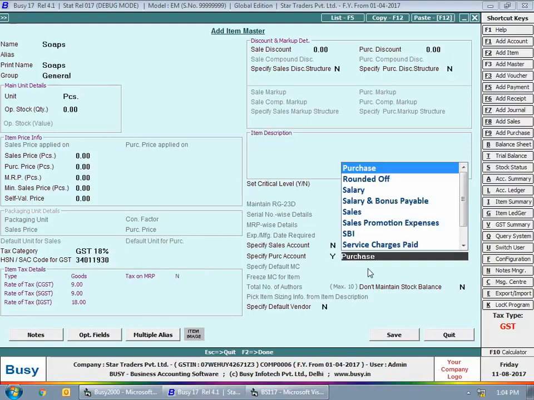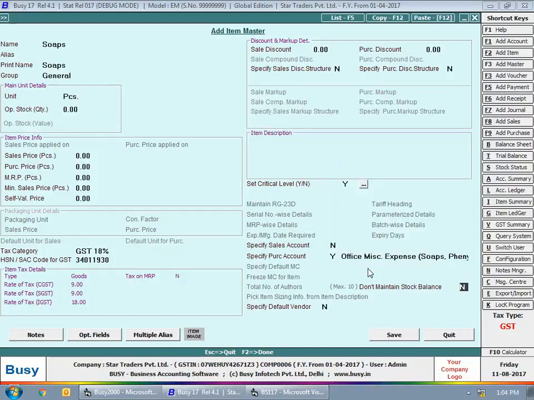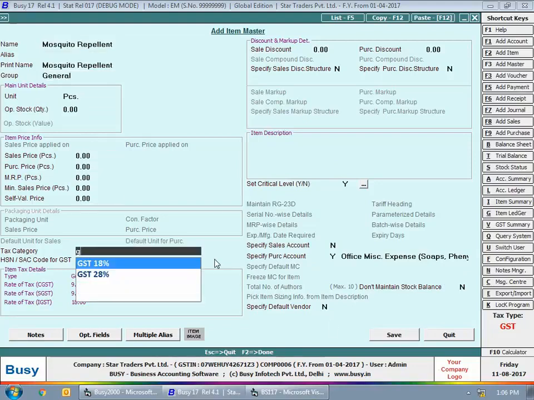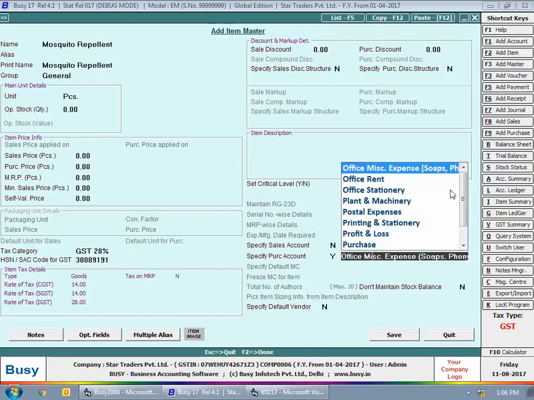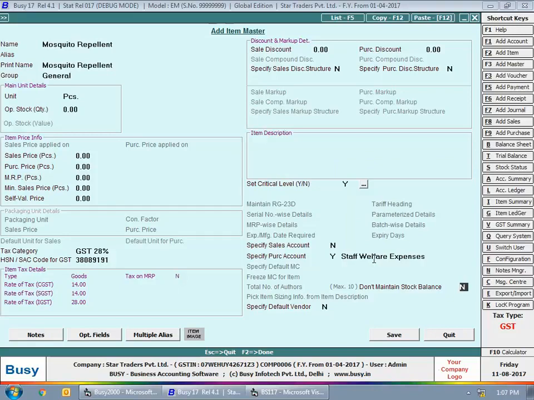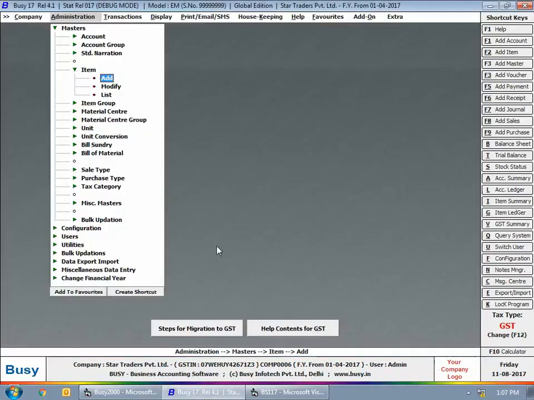Here we'll take the account as office maintenance expense account soaps vinyl, that is, we have tagged this account with this particular item. Next we'll create one more item with the name mosquito repellent, specify its tax category, HSN code, and in the specify purchase account field we'll take the account as staff welfare expense account. So we have tagged this account with this particular item. Click the save button to save the item master.